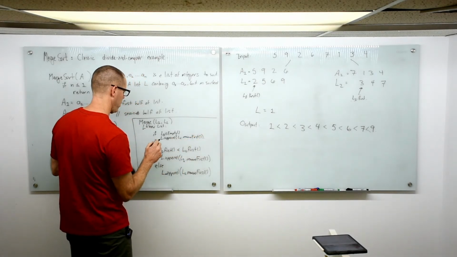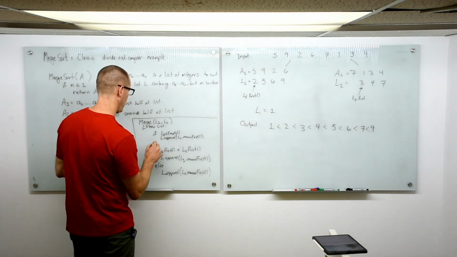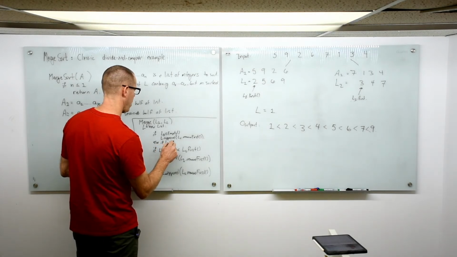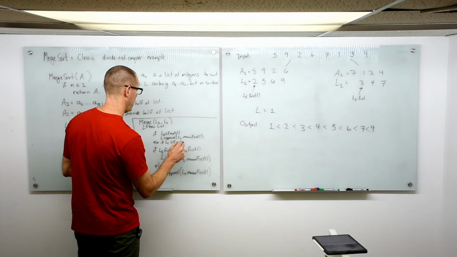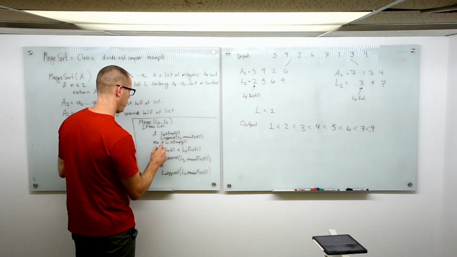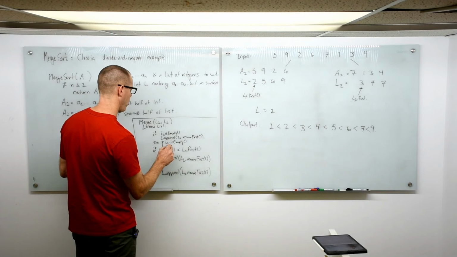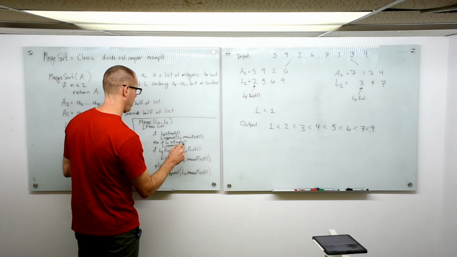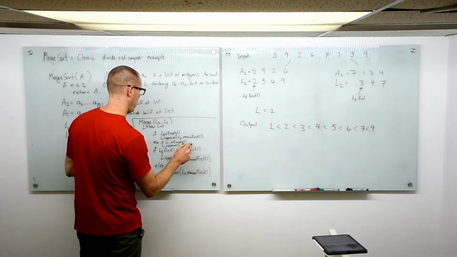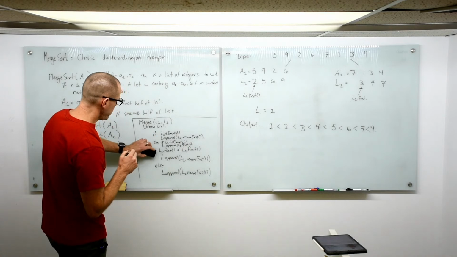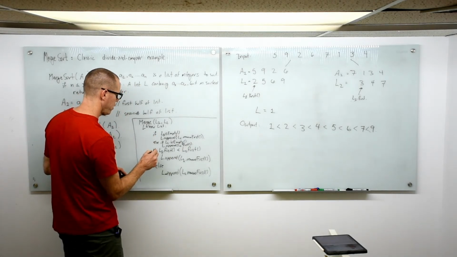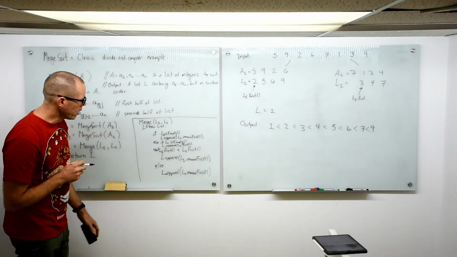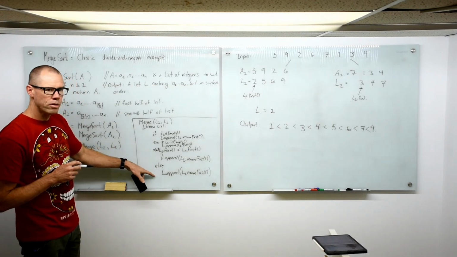If L2 is empty, then we should take our new element from L1. Otherwise, if neither of those two cases, then we know that there is a first thing in L1 and a first thing in L2. We can compare them and do one of these two steps.